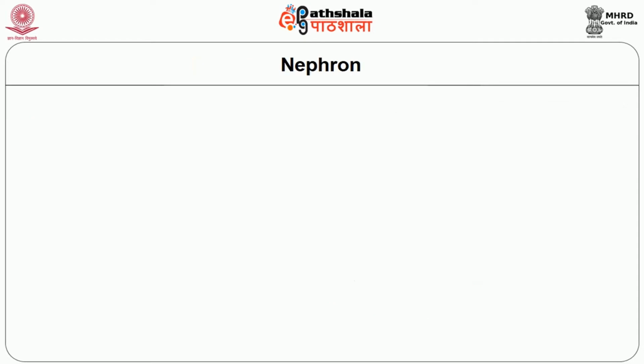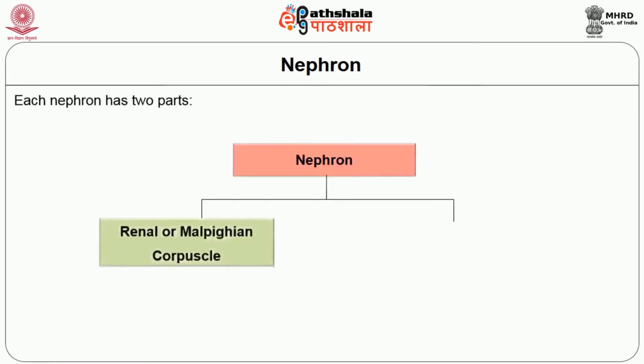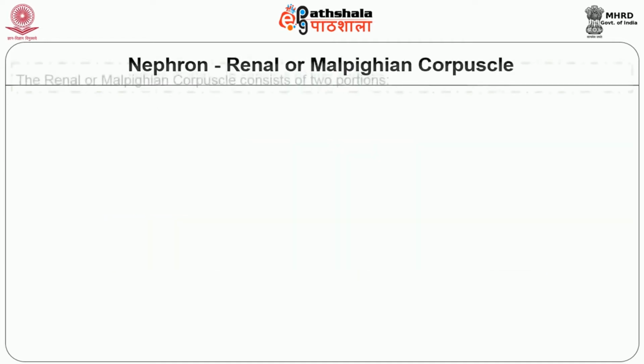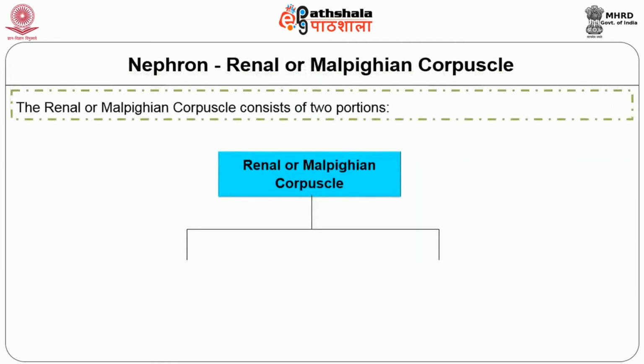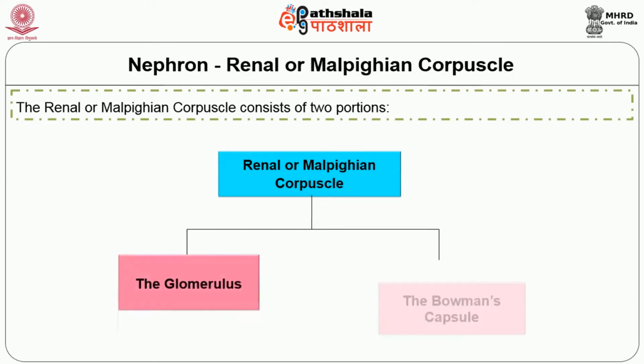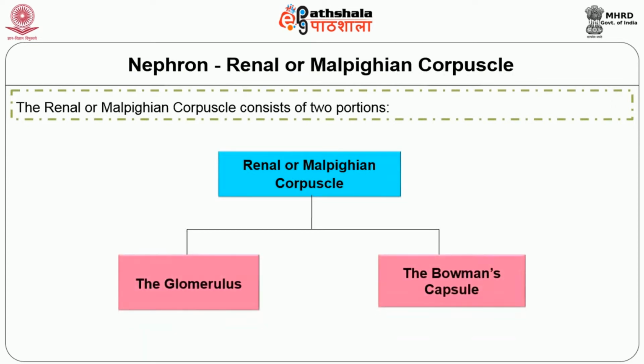The nephron is the structural and functional unit of the kidney, and it has two parts, namely the Malpighian corpuscle and the renal tubule. The renal or Malpighian corpuscle consists of two portions, the glomerulus and the Bowman's capsule, which encloses the glomerulus.